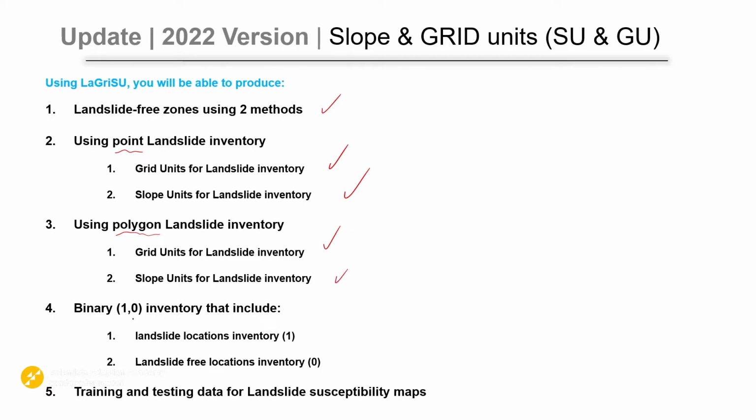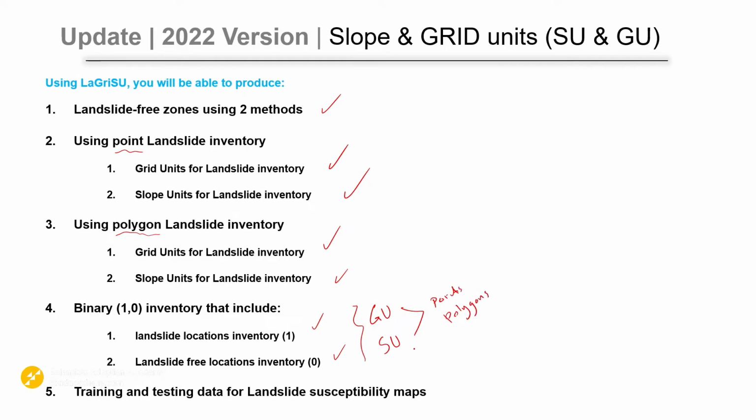And then you will be able to produce the binary inventory, which includes the value of 1, which is the landslide location inventory, combined with the landslide-free location inventory. This is for both the grid unit and the slope unit, using the points and the polygons.